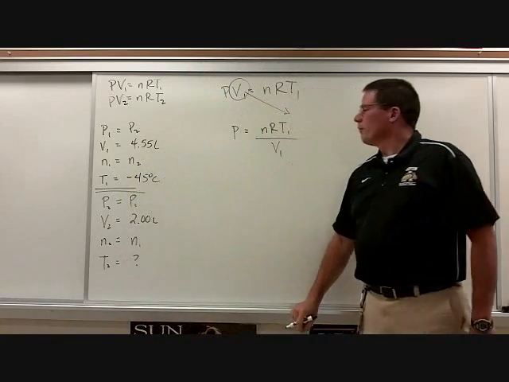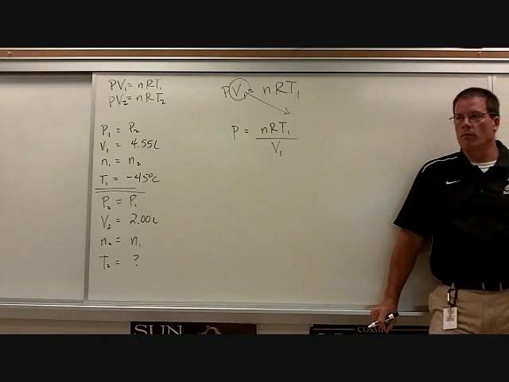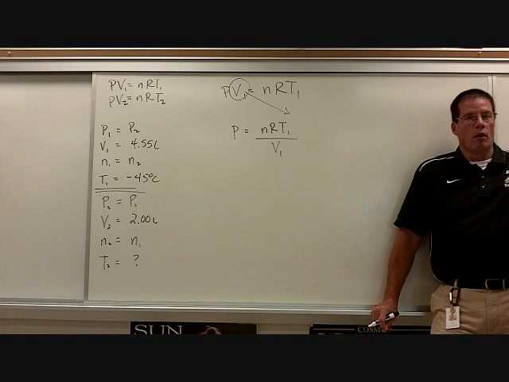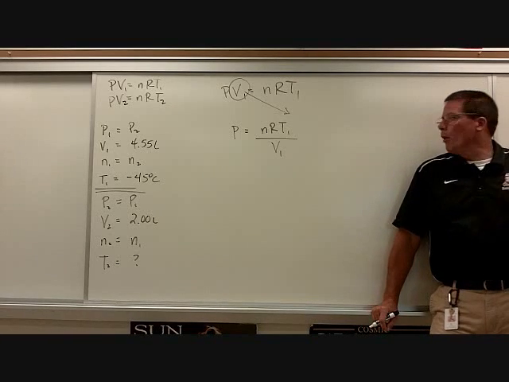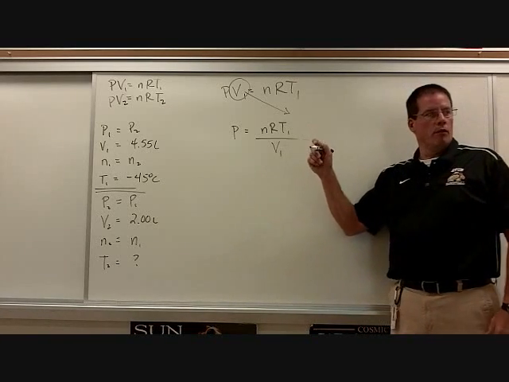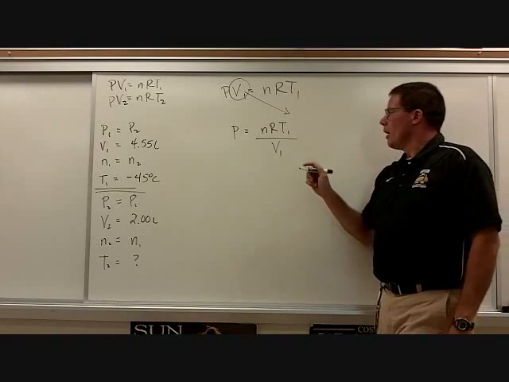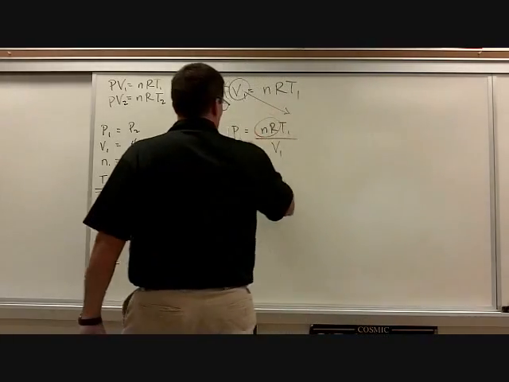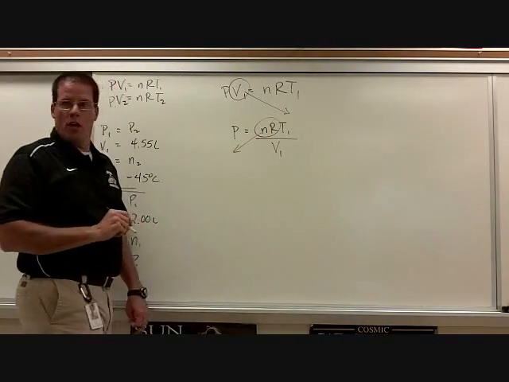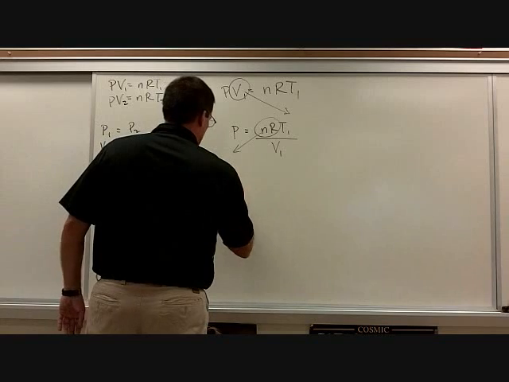If we're looking for temperature, we want to make sure it's on top. Now, we know T1, but remember that when we get done, the variables are going to look identical on both sides of the equal sign. All right, now we need to get n and R to the other side because they don't change. So now we've got this situation.